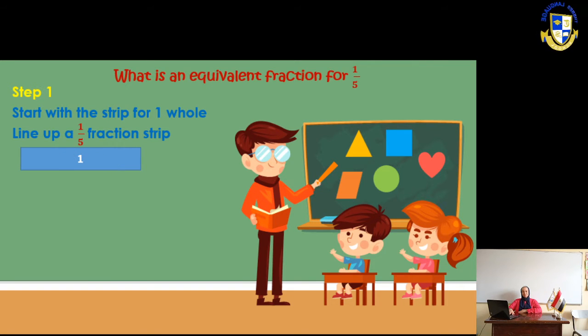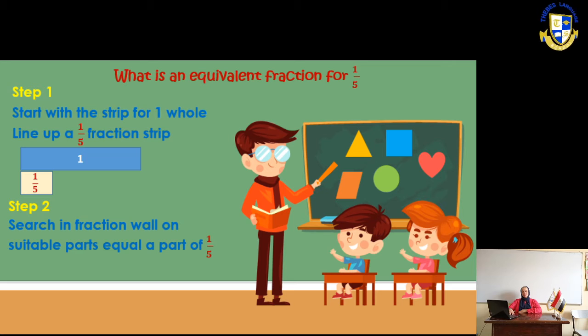Step 2, search in the fraction wall for a suitable part equal to a part of fifths. As you can see, the one whole is divided into 5 equal parts, so then 10 equal parts. So 1/5 is equal to 2/10. Okay, one part from the fifth is equal to 2 parts from the tenth.